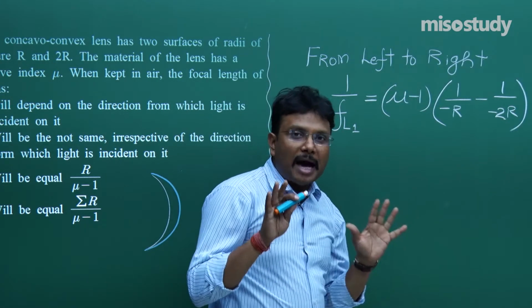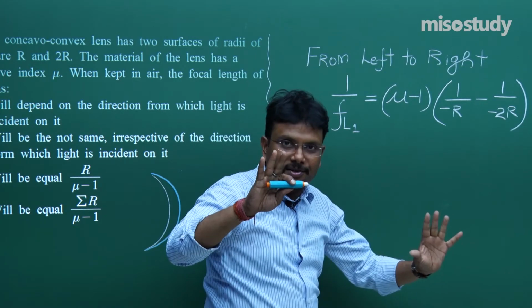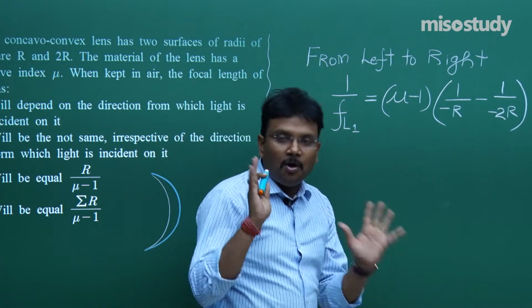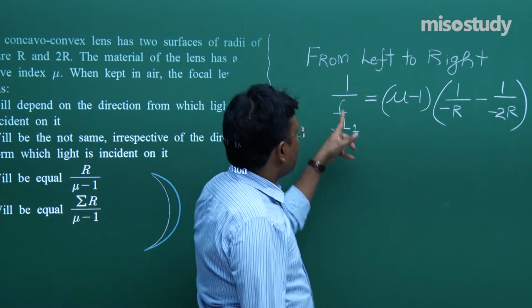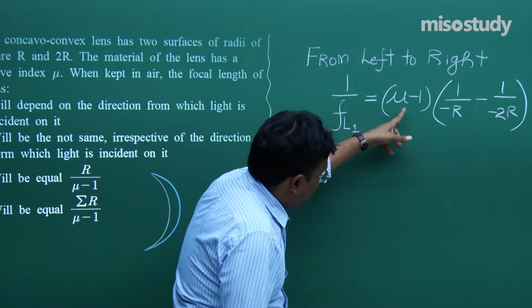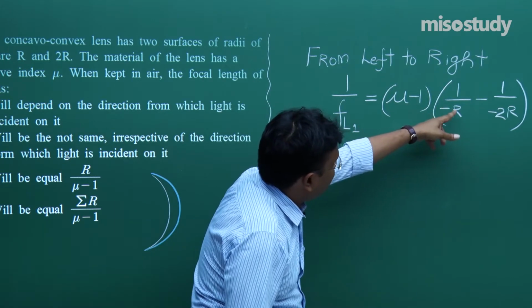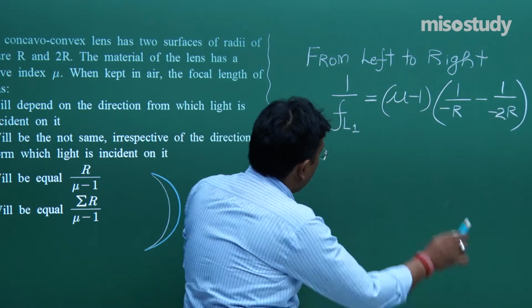The only magic in ray optics is in visualization. Once you visualize the problem, you can perform the magic. Fine. So 1 upon f L1 is equal to (mu minus 1) and then 1 upon minus R minus 1 upon minus 2R.